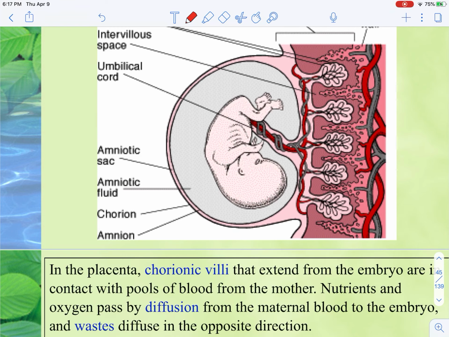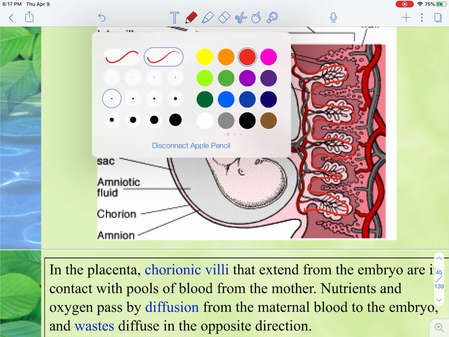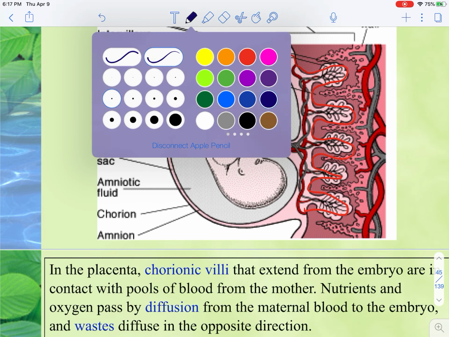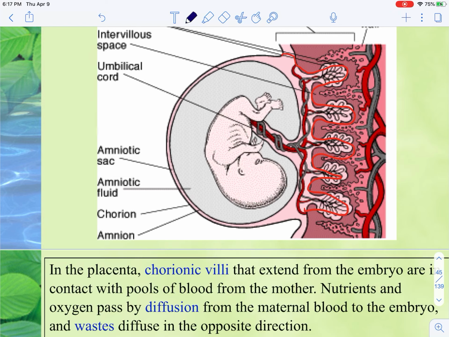We can see in this picture exactly what I just described. The chorionic villi are just the extensions from the chorion that weave in to form the placenta, along with the endometrial cells.